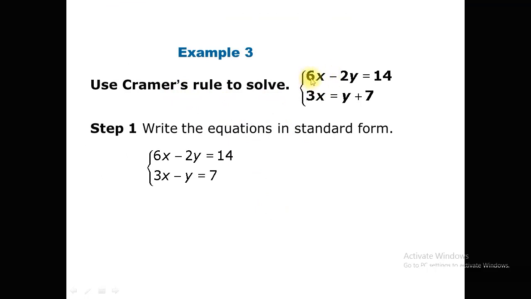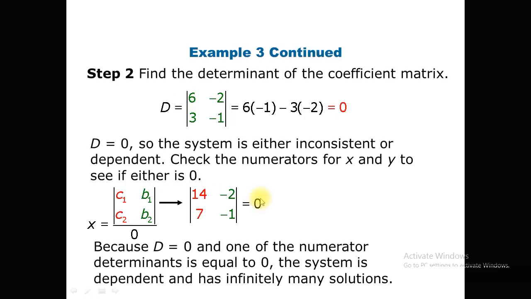In this system we have the first equation 6x minus 2y is equal to 14, and 3x is equal to y plus 7. First of all, rearrange. The first equation is 6x minus 2y equals 14, and the second equation will be 3x minus y equals 7.